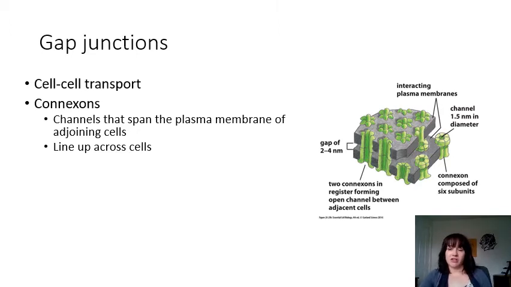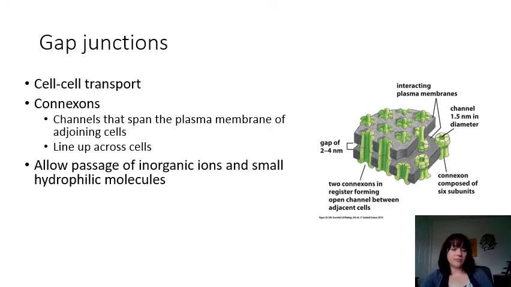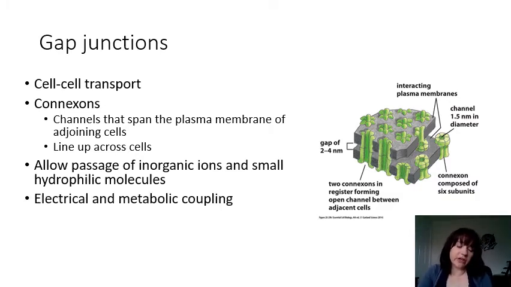These pores are made out of proteins called connexons. So these are going to allow small hydrophilic molecules to travel through between two cells. And so when you need really fast communication to occur, these gap junctions are going to help with that.